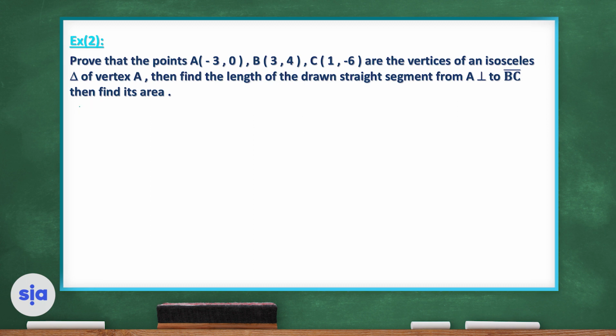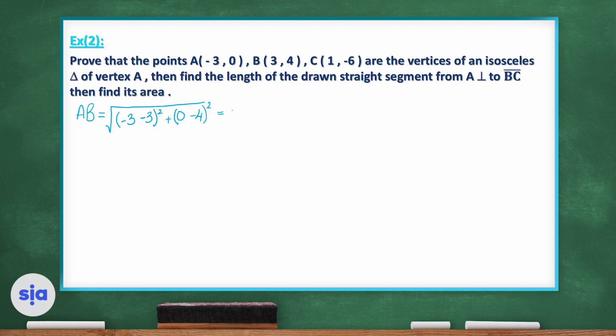So here, the length of AB, sure, we're going to use the distance formula. Square root of -3 minus 3 all squared plus 0 minus 4 all squared.